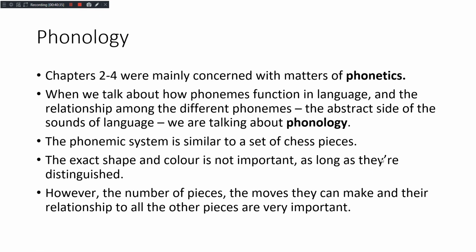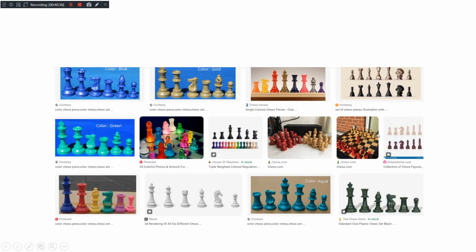Let's explain this with pictures. You see, I have different sets and different shapes, different colors of chess pieces, but in each picture, the knight is still a knight. You see, here is a knight.